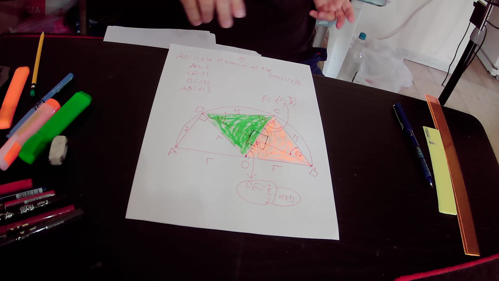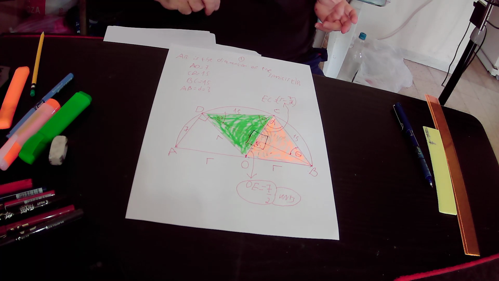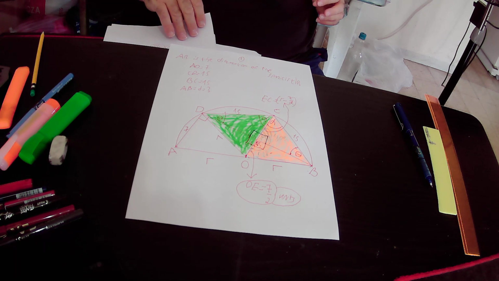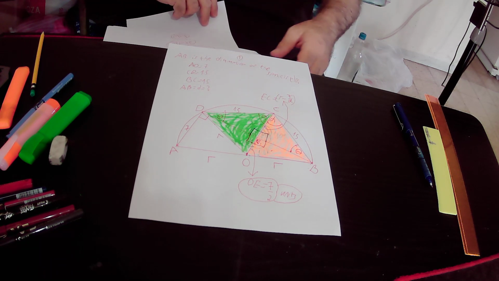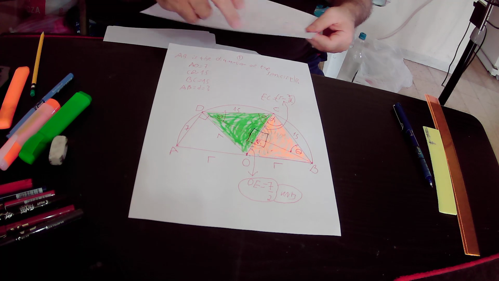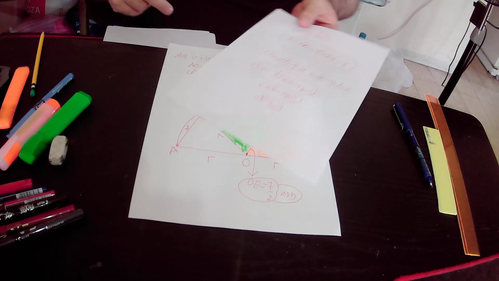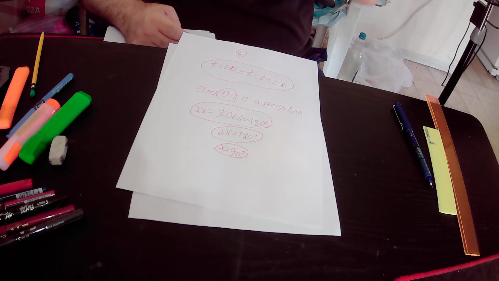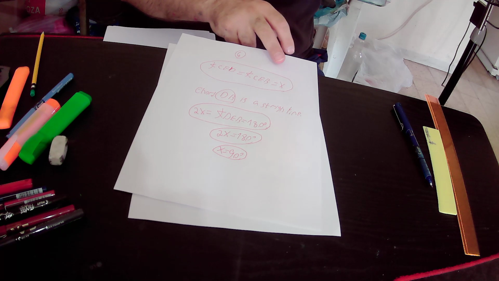According to the rule that corresponding angles in congruent triangles are equal to each other, those two angles are equal to each other. So we defined one angle as x, so the other angle must be equal to x because those two angles are equal. So angle CED equals angle CEB equals x.